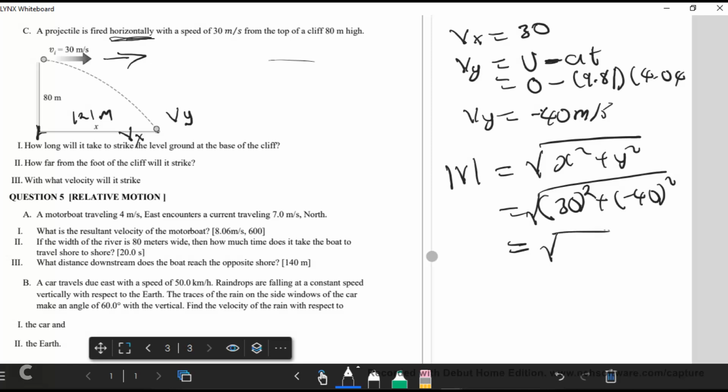You'll find that you have 2500. Let's find the square root of 2500. You find that your answer comes up to be 50 meters per second, just like that. So that's how you answer that question.